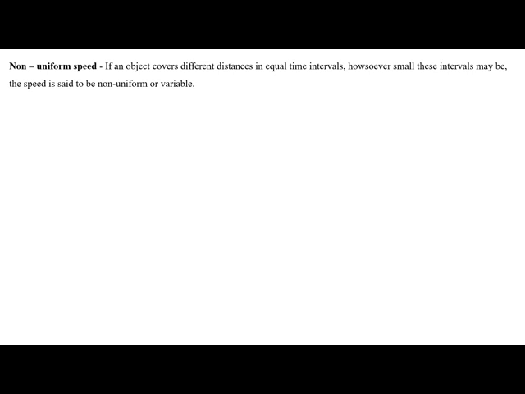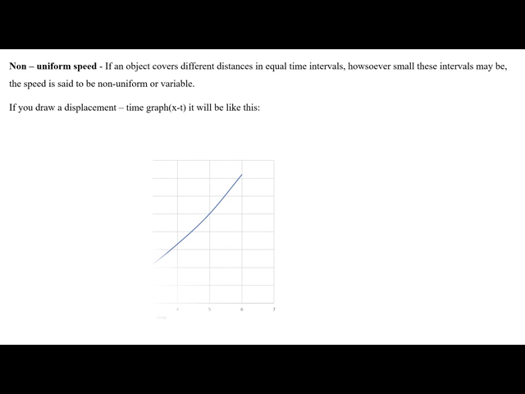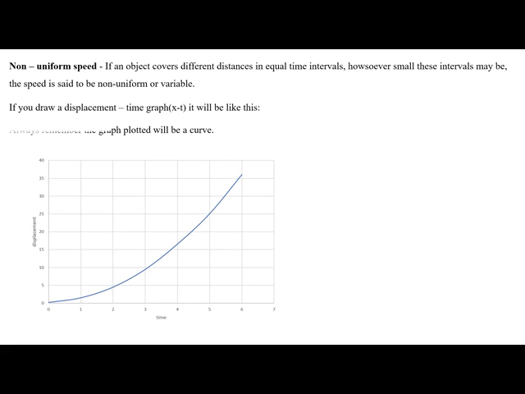So such a speed is called non-uniform speed. Okay, so if you plot a displacement time graph for it, what would it be like? It would be like a curve shape, as you see in the image. Okay, is that clear for you?